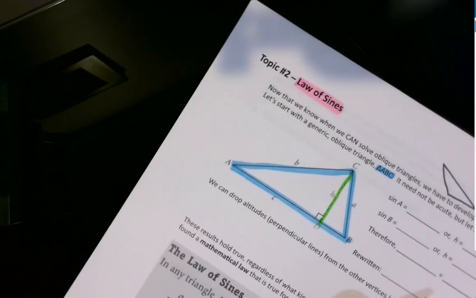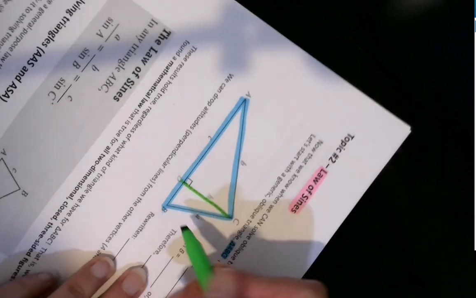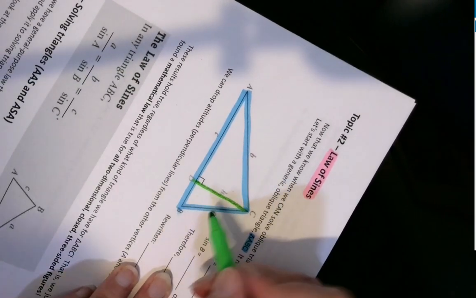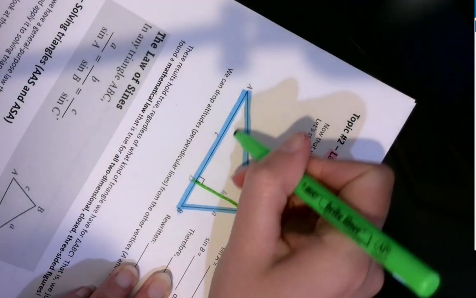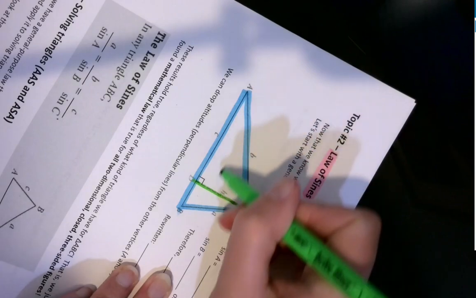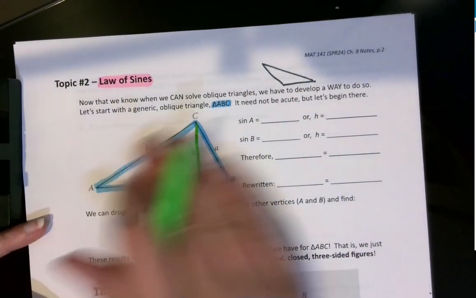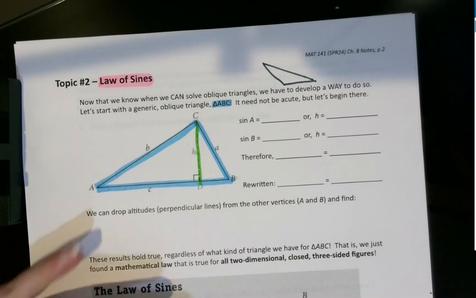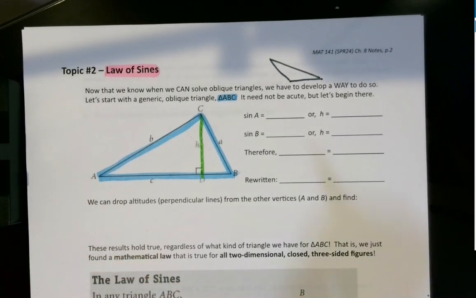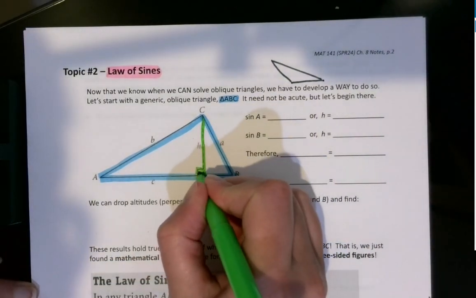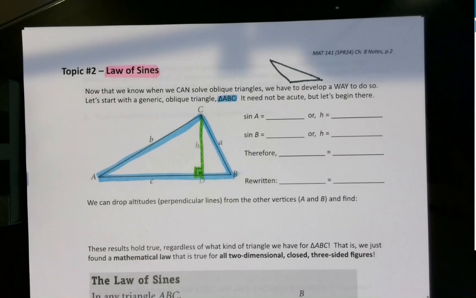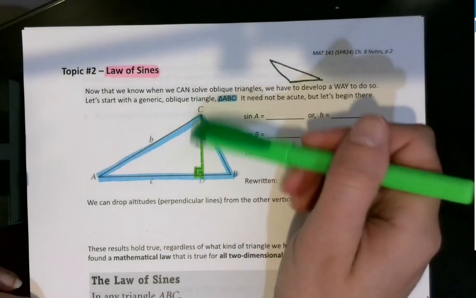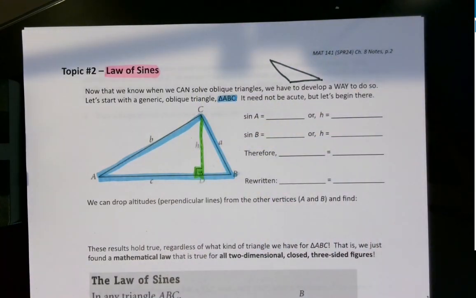So you can flatten any of these to the horizontal and imagine that if this is flat on the horizontal, you could drop a straight line from A down to be perpendicular to it here. Okay, so this can be done for any of the sides. We're going to start with it dropped such that it's perpendicular and therefore forms that 90 degree at this other point right here. All right.